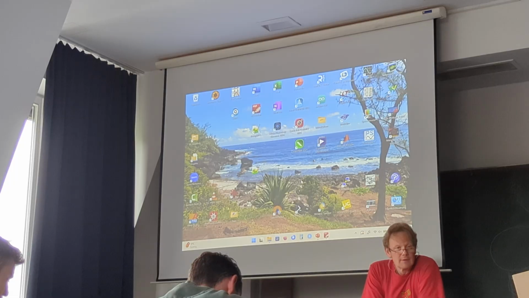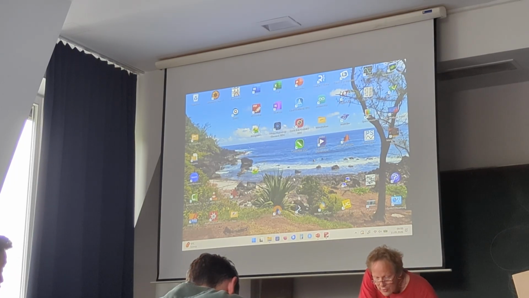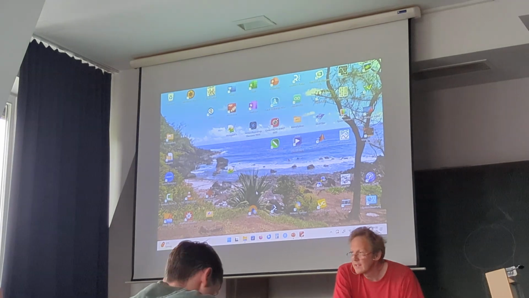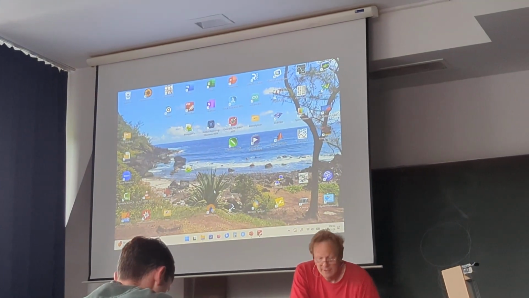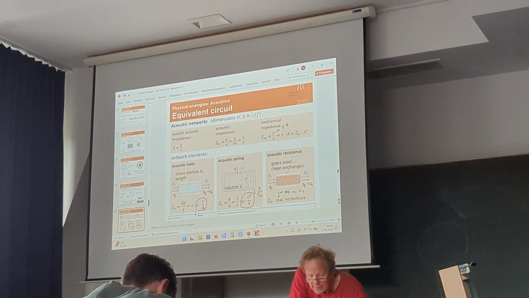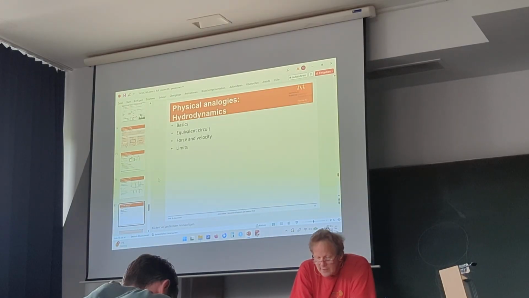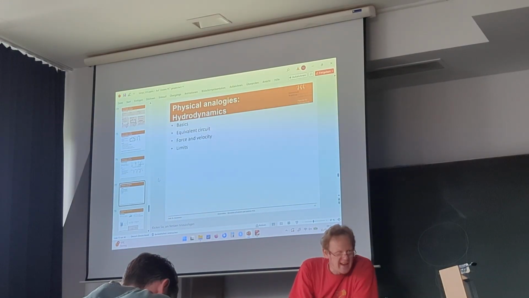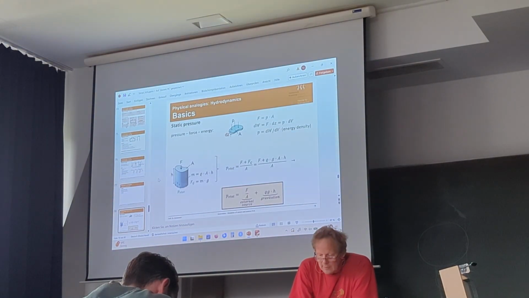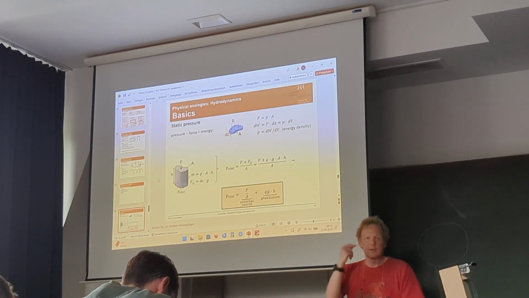Okay. Then I'd like to look into one more situation which is still a little bit like mechanical, or it has to do with mechanics, let's say. And it's also quite similar to sound and sound elements, and it is hydrodynamics. And I think there's not really much new here.